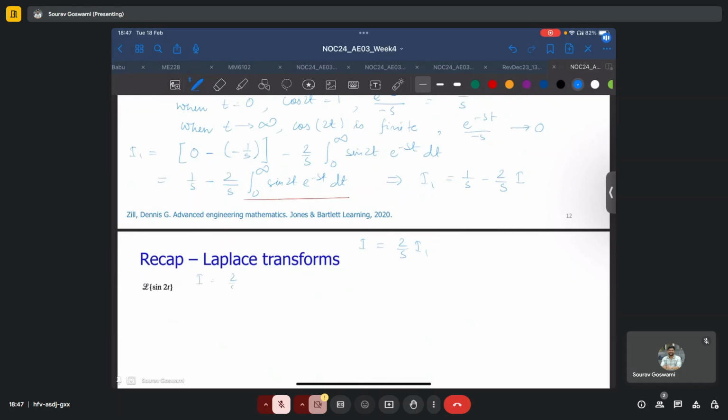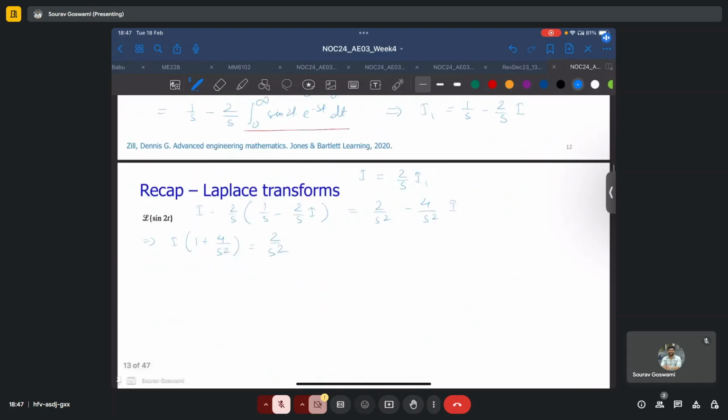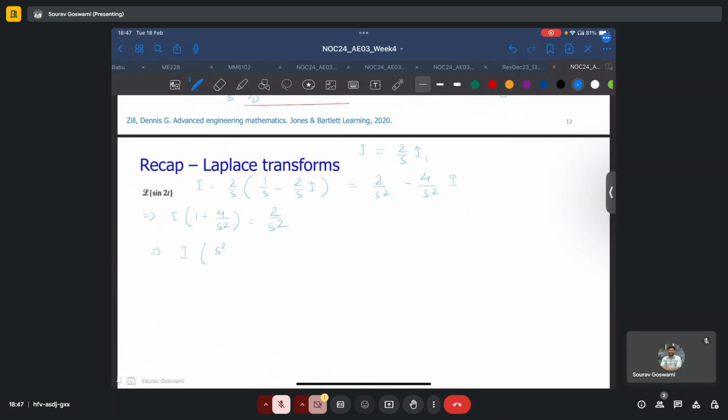So I equals 2 by s times 1 by s minus 2 by s times I, which is 2 by s square minus 4 by s square times I. Implies that I times 1 plus 4 by s square equals 2 by s square, or I times s square plus 4 by s square equals 2 by s square, which gives us I equals 2 by s square plus 4, and I have cancelled s square from both sides, assuming s is not equal to 0, or perhaps the far more familiar form 2 by s square plus 2 square.